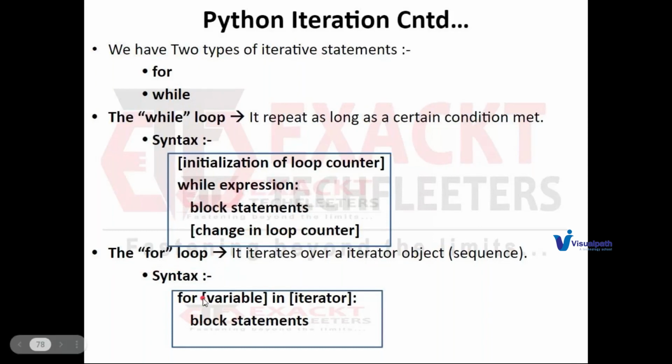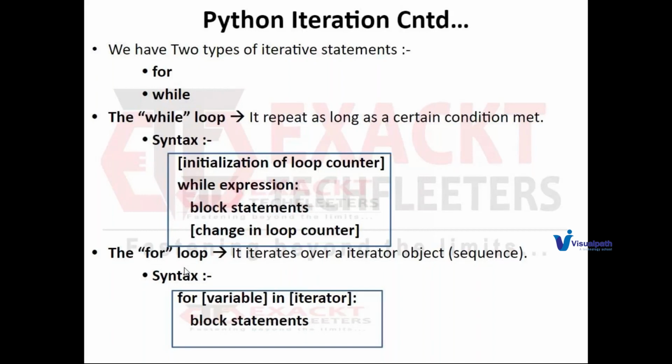Why? Because this loop does not have this type of complexity, like initializing the counter, specifying an expression, or the counter changer. It is just straightforward. Most of the time you will be taking the data out of your iterator objects.